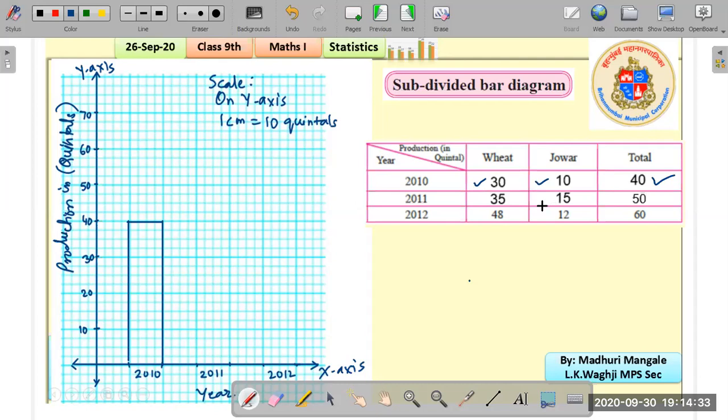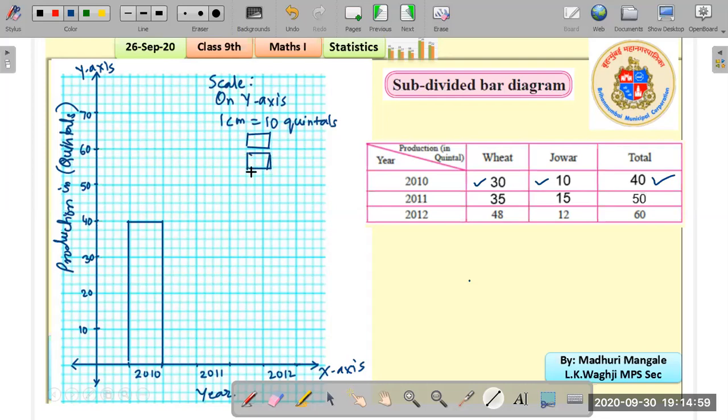But before that, we need to mention what design or what pattern we are going to use for wheat and jowar. So let me quickly put it up over here in the scale itself, that we are going to use some dots for wheat and we are going to use some circles or some triangles.